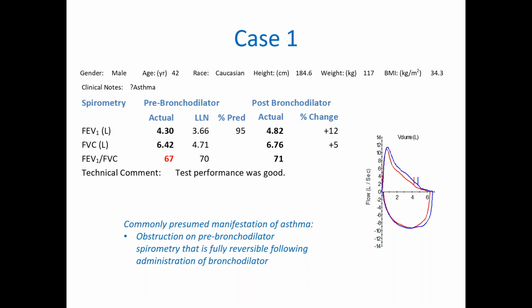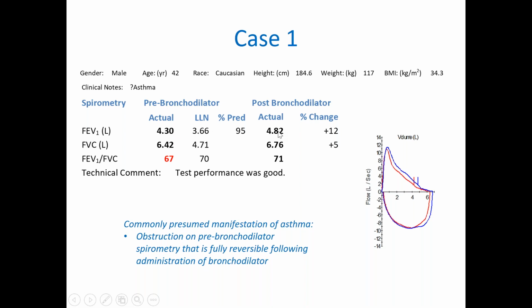So this case here illustrates what we most commonly expect to see if we're querying asthma, that in baseline or pre-bronchodilator spirometry there is obstruction, and obstruction is defined as an FEV1/FVC ratio below the lower limit of normal, okay? And that when we give bronchodilator, we see a greater than or equal to 12% change in FEV1 or FVC that is also more than 200 mils.